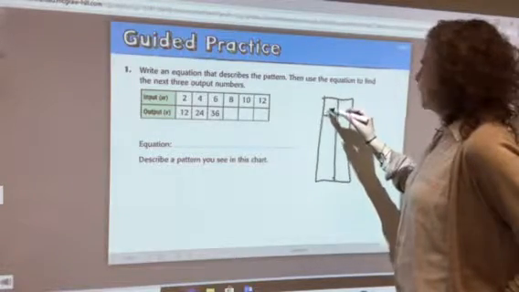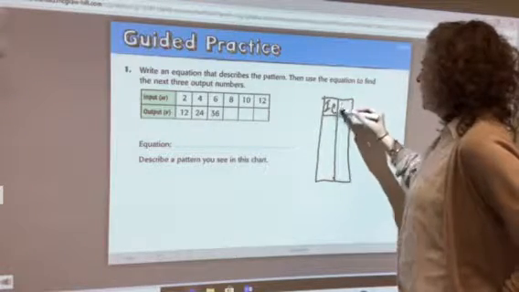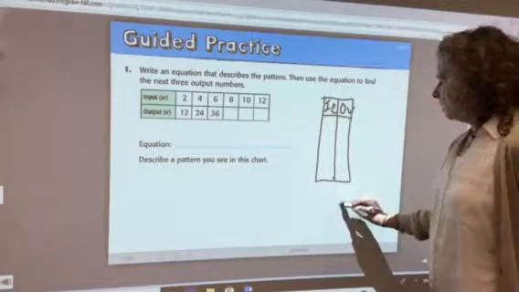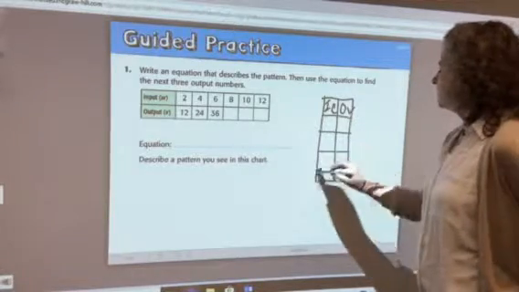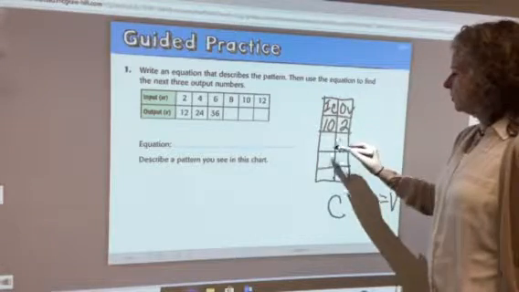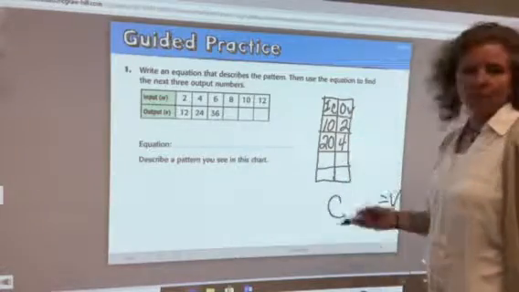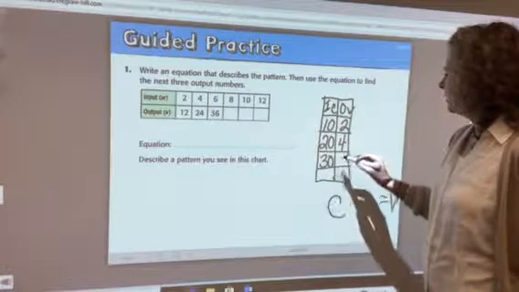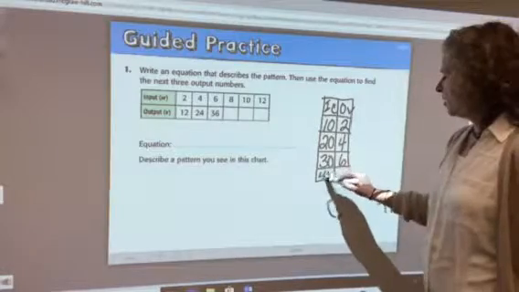For this one, I'm going to do my input as, let's put it as C, and my output as V. Okay, so C, something to it, equals V. And I'm going to go 10 and 2 and 20 and 4, and let me go 30 and 6, and you have to figure out what I do for 40.